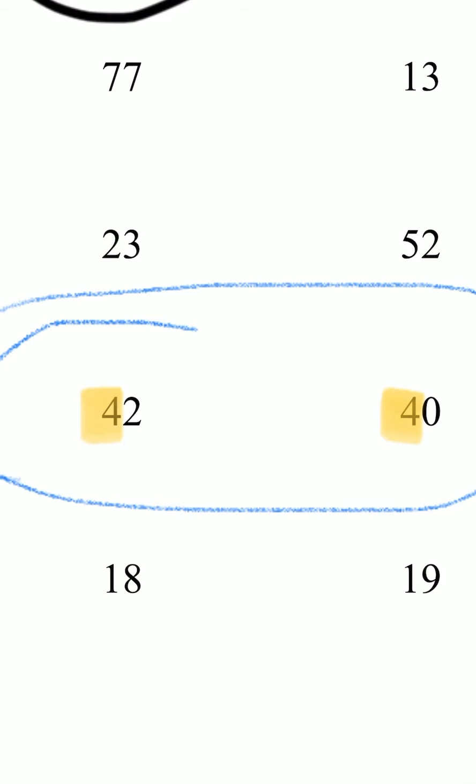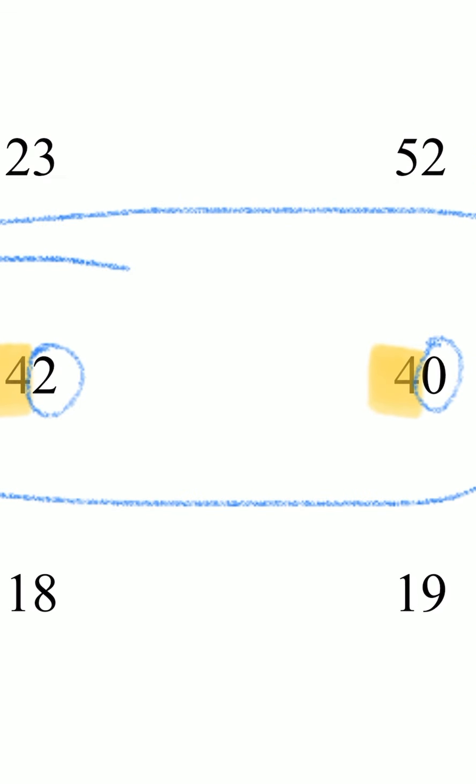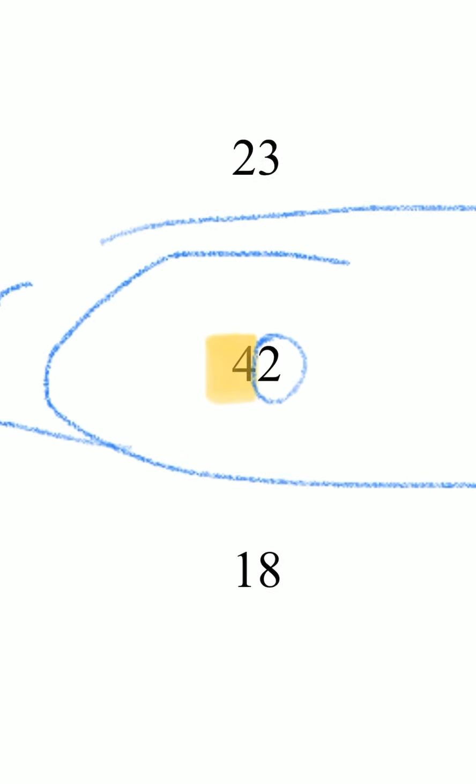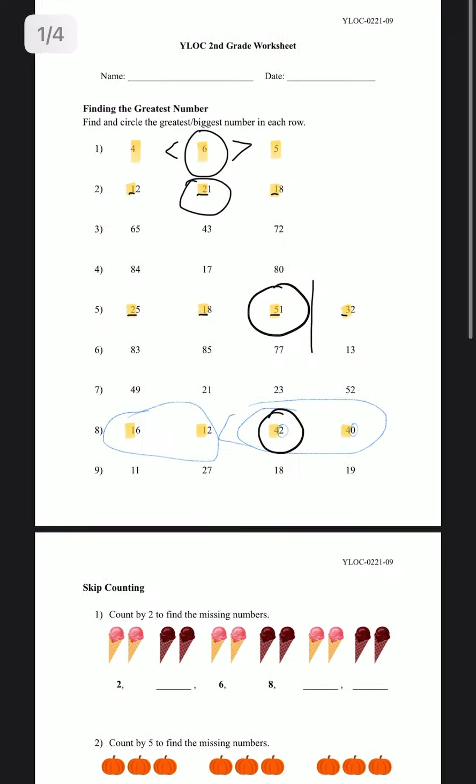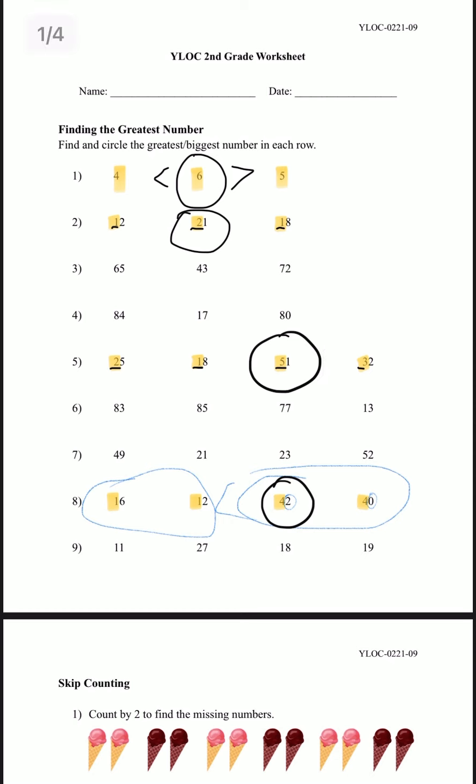But since they have the same tens place, we need to now look at their ones place, which is 2 and 0. And since 0 is less than 2, 42 is the greatest or the biggest number in each row in number 8.